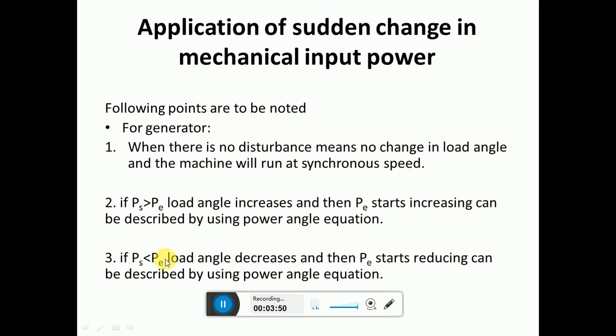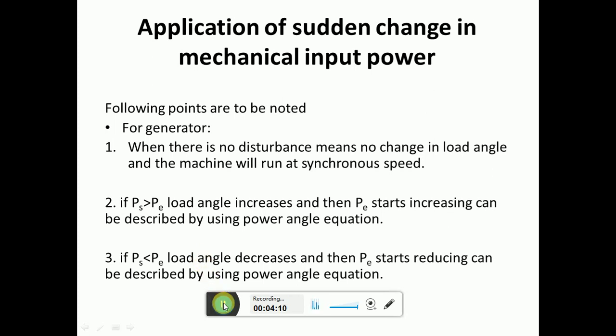Due to the deceleration, the load angle will reduce. As the load angle reduces, from the equation EV by X sine delta, the electrical power output will reduce.